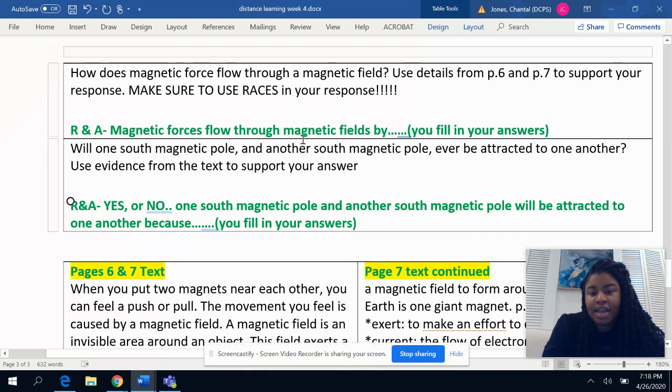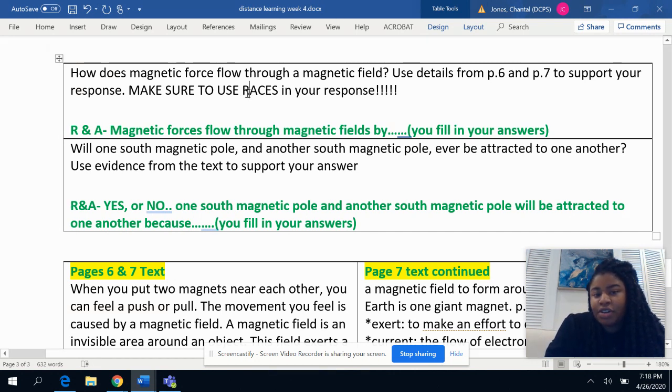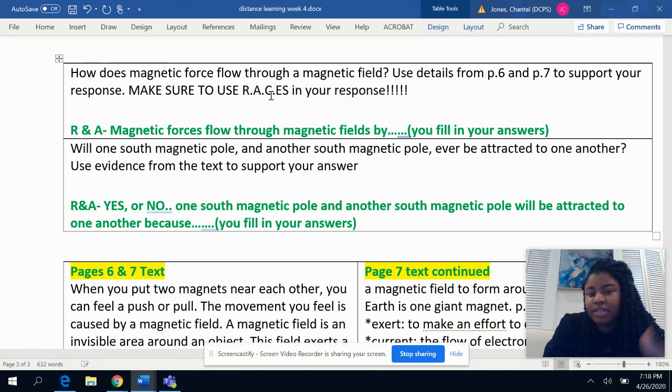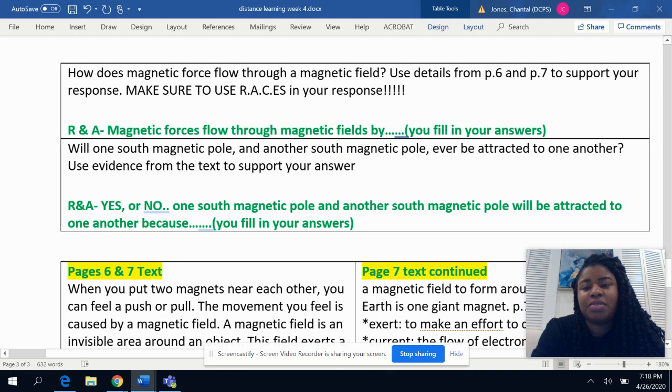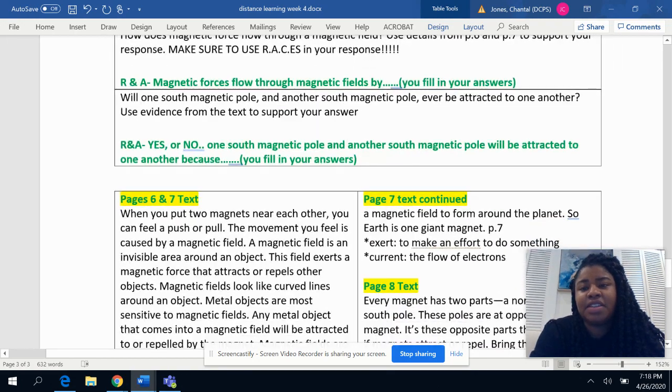Okay, cite evidence. It says you have to make sure you use RACE. You already know, if we have R and A right here for you, that you now need to find C, citing evidence. You have to go back to the text. And I made it easier for you, because some of you are probably like, oh, I don't want to go to the last video and find all the text.